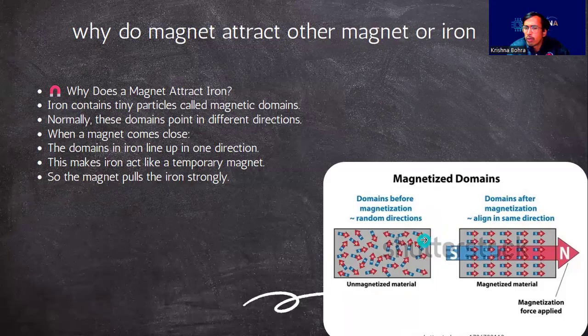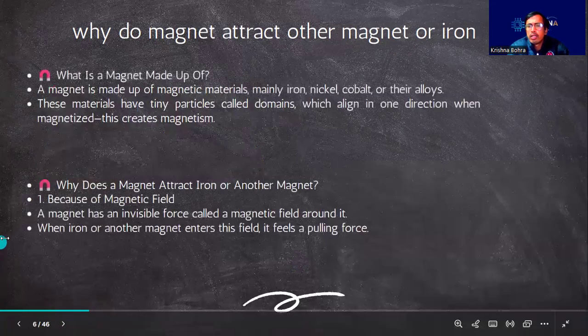If this particular magnet has domains pointing inside the material, there is no way that the magnetic field lines being produced will overlap each other. So they will basically get repelled. That is what we understood initially.